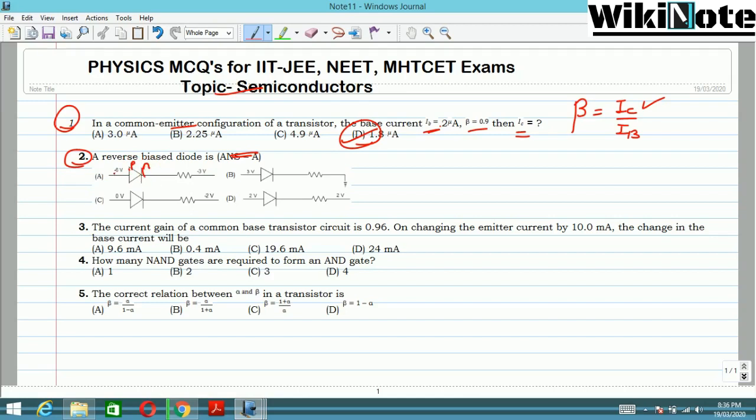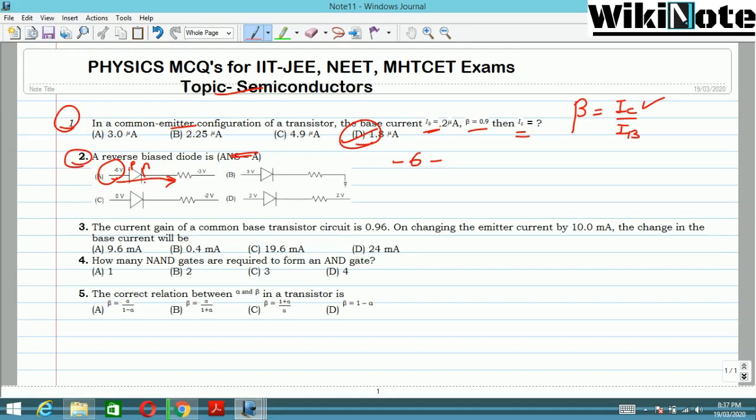So how to calculate this net or effective voltage across the diode? Apply simple KVL. So this is going to be minus 6 volt as it is, then next is going to be a drop across this if the current is flowing in this direction. As we have to make a reverse bias, we'll solve for the forward bias first and then we'll make a conclusion.